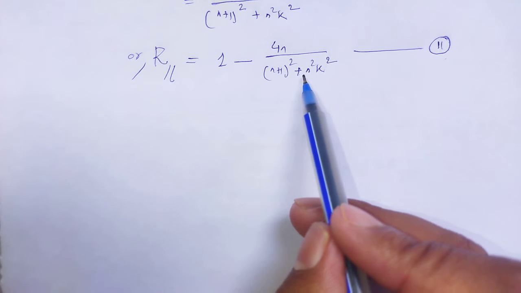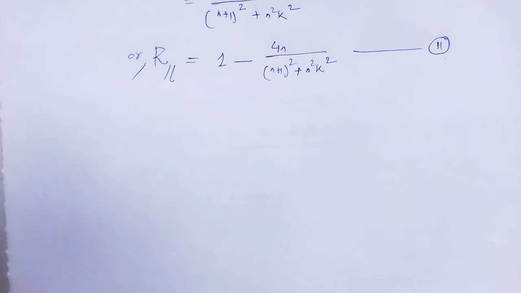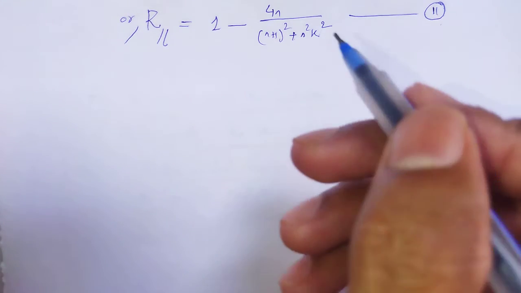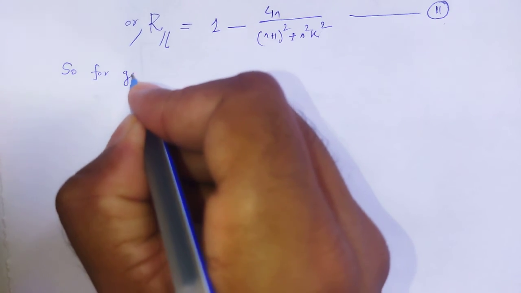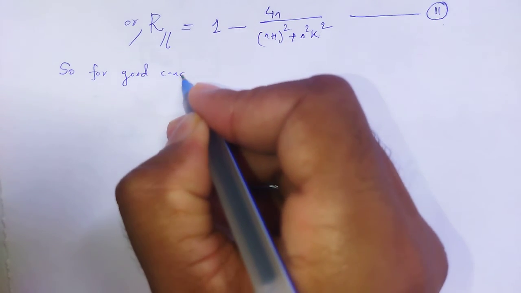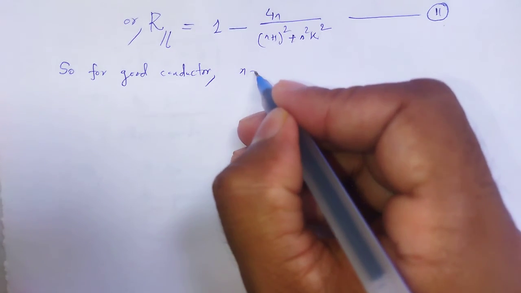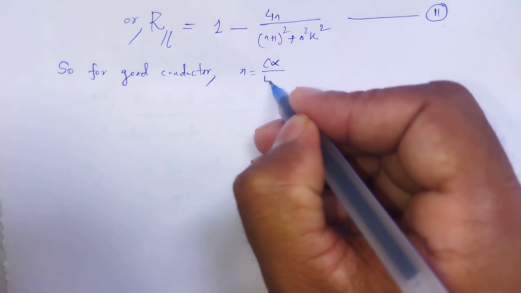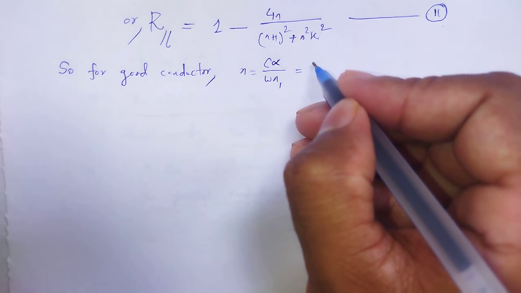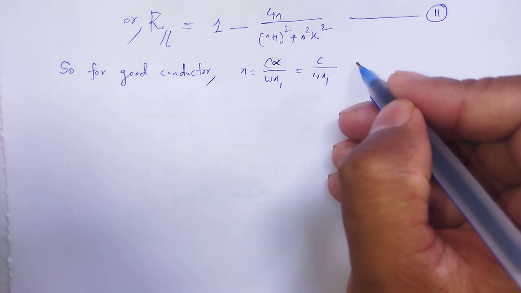Then the value of n and k is put here. So, for a good conductor, n is equal to C alpha divided by omega n1, that is C by omega n1 in place of alpha.